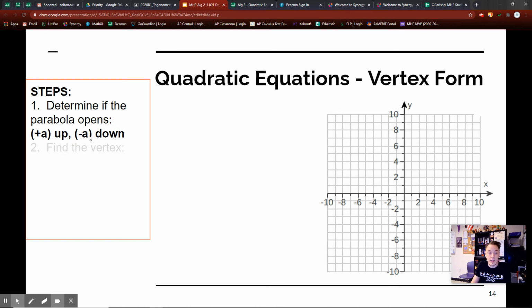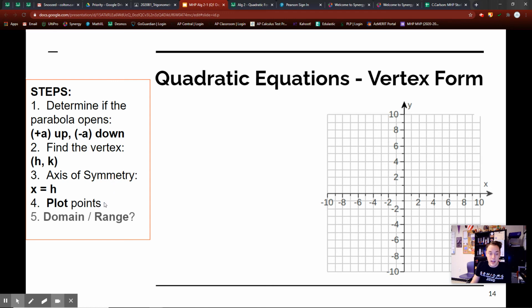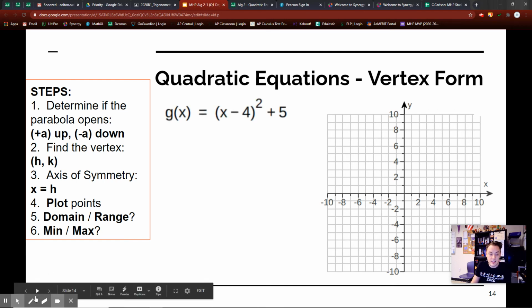We went through that already. Then find the vertex, which is just hk. Then we find the axis of symmetry, and then we plot the points, and then we find domain and range, and then possibly the min and max. Awesome. So let's go through this example.